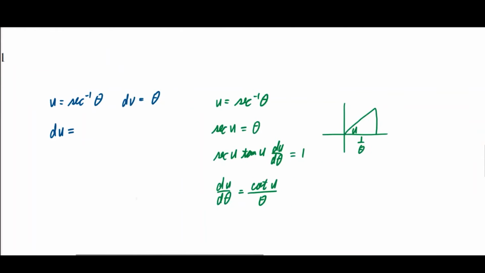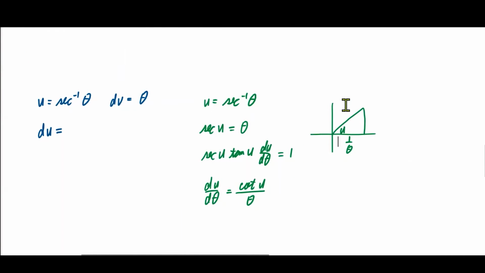So there's only this case. In that case, you can actually put theta up here too, but I just do it this way. Okay, this is 1. So this side right here is the square root of 1 minus 1 over theta squared, isn't it? And that is equal to the square root of theta squared minus 1 over theta squared. And that is the square root of theta squared minus 1 over the absolute value of theta usually, but our theta is positive. You get it?